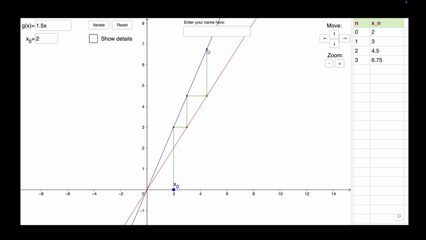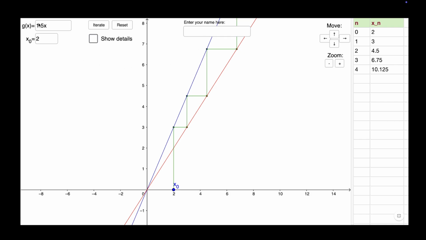Sorry, this 6.75 is x3, and this x2 is the corresponding 4.5, and the corresponding point on the x-axis is 4.5, which is x2. Then we draw the horizontal line up to the red line, which is xn plus 1 equal to xn, and the violet line is r xn.